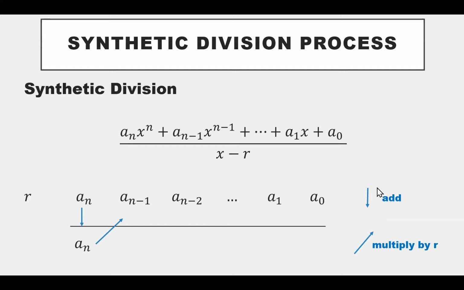So every time I go straight down, I'm adding. And every time I'm moving up and to the right, I multiply by r. And if I do that process, then this numerical array will become the coefficients of a new polynomial of 1 degree less than my starting polynomial.